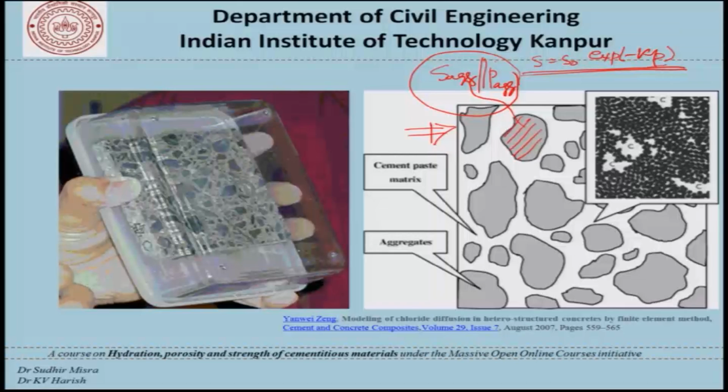From that point of view, indeed, this equation could be very useful to relate the properties of a particular rock and try to compare the properties of different rocks with different porosities and so on. In our case, these aggregates will definitely have an S naught. We can think in terms of an S naught for the aggregate phase. Even though the aggregate phase will have an S naught, what about the composite whole?